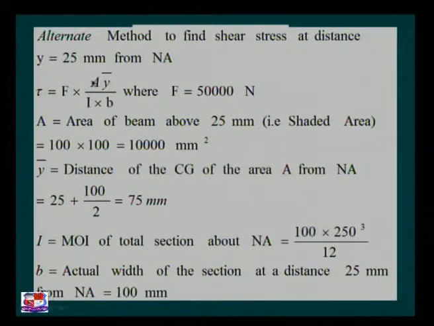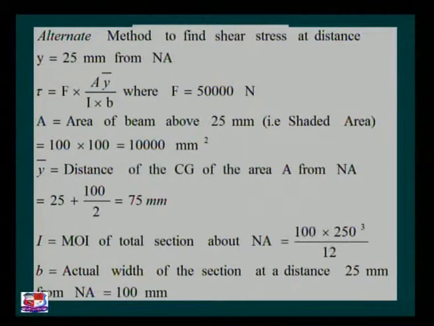Y is equal to 25 mm given in the data, f that is 50,000 Newton, a is the area of beam above the 25 mm. Now the given rectangular section is of size 100 by 250, so the distance d by 2 is 250 by 2, that is 125 mm. Now 125 minus 25, that is the remaining area.